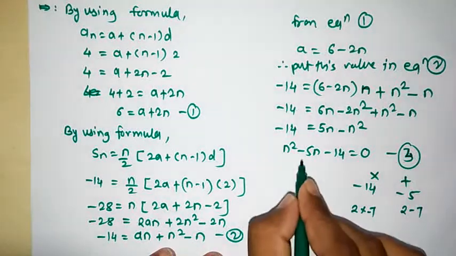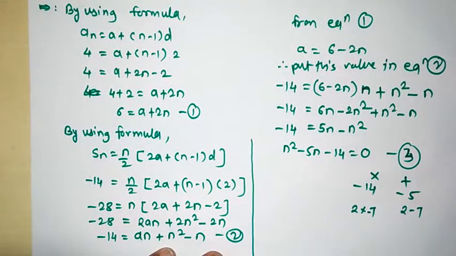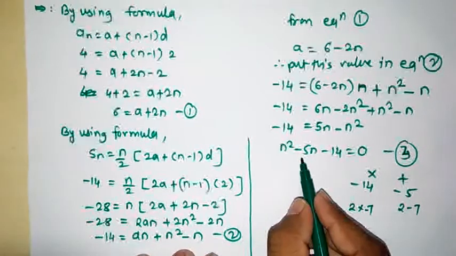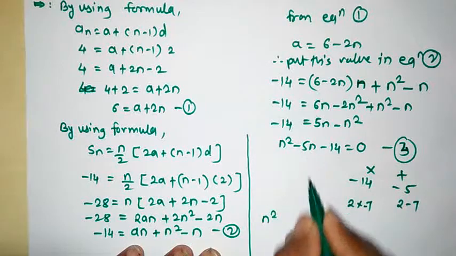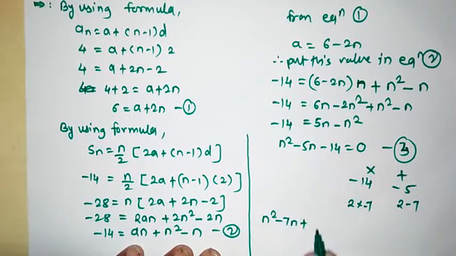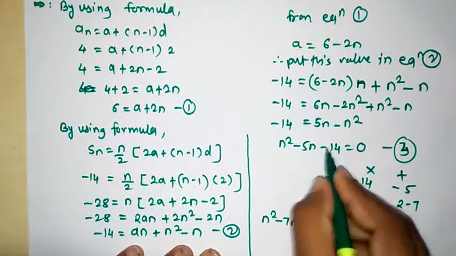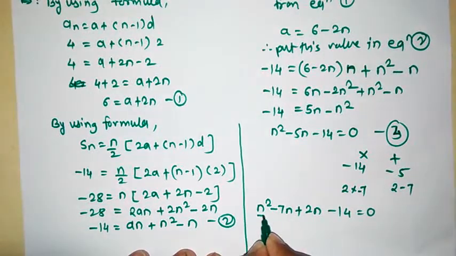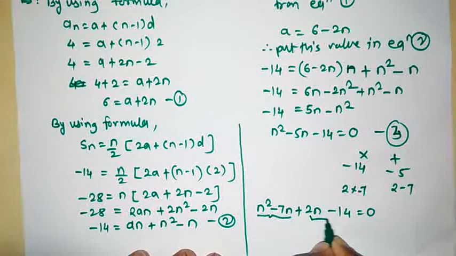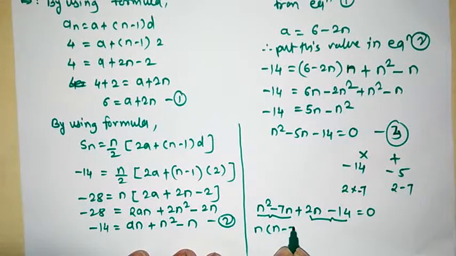Now we will write this minus 5n like this: n square, instead of minus 5n we will write minus 7n plus 2n minus 14 as it is, which is equal to 0. From these two terms take n common, and in the bracket n minus 7 will remain.